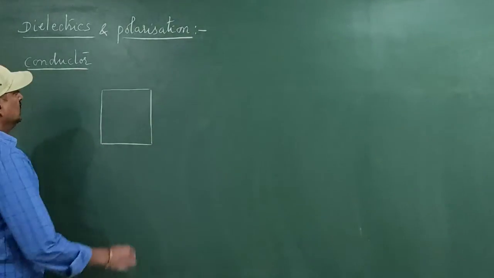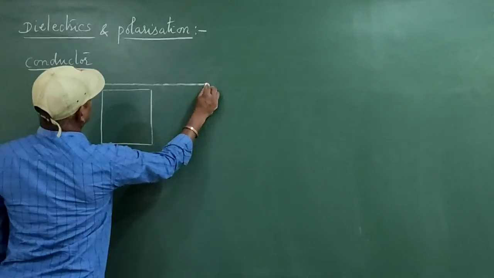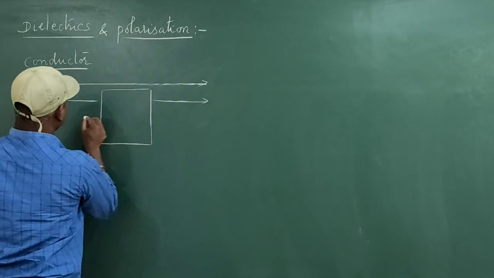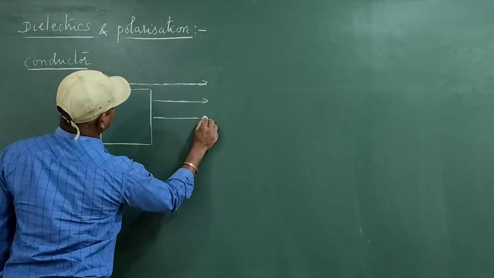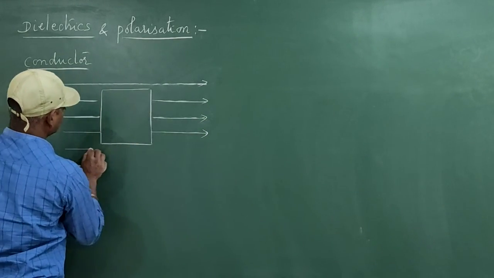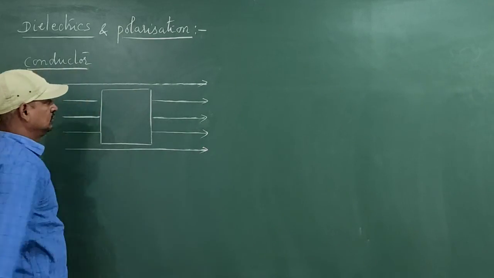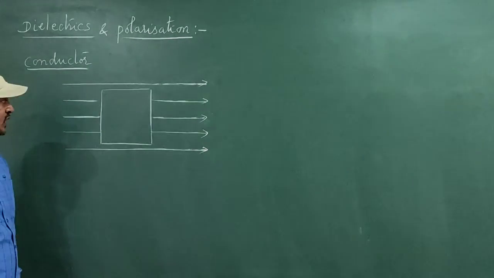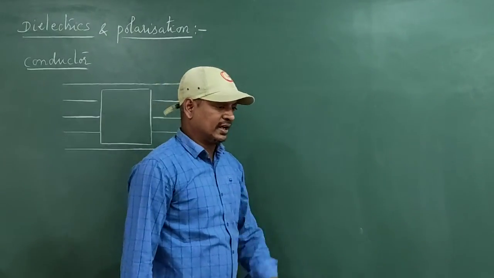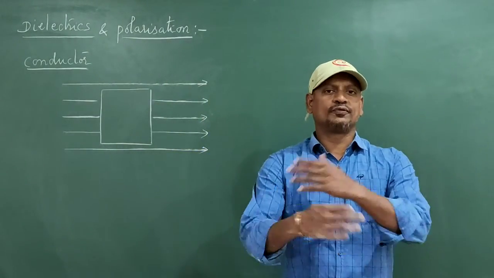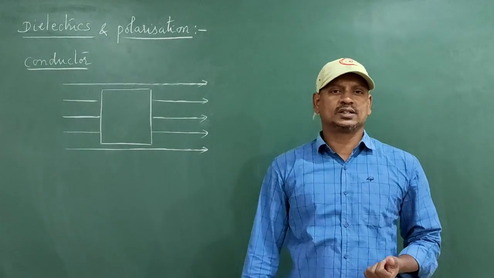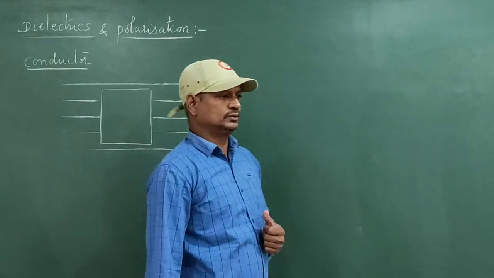This conductor is placed in an external electric field. The neutral conductor has free electrons, so free electrons start moving inside the conductor because of the electric field.